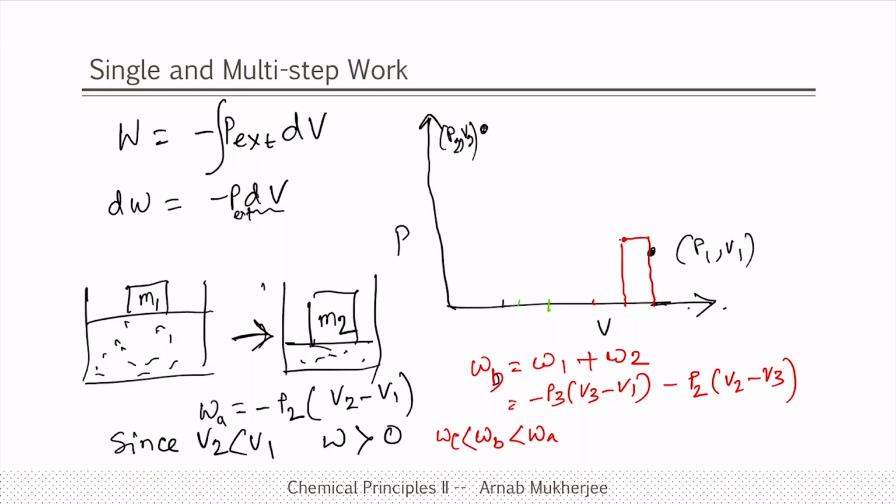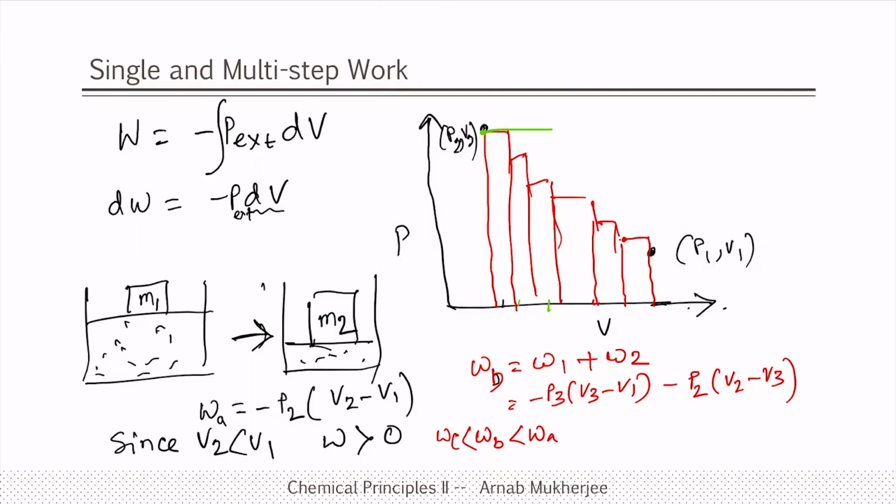From there, let us go a little bit more, this step. So, it will be this much amount of work, and like that we are going to go. So, you see, as we are increasing the number of steps, the work done that is required to achieve the same state P2 V2 is getting less and less.